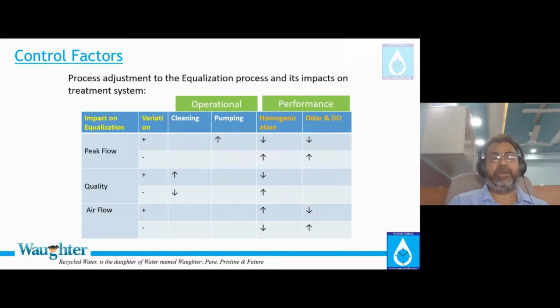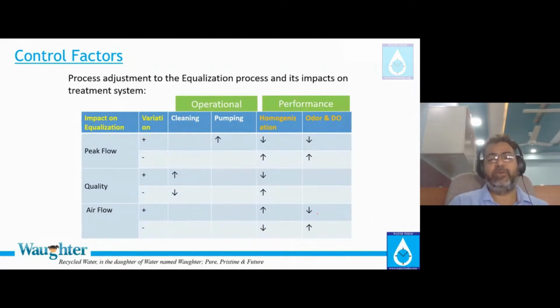And what is the control factor for this section? Operation-wise, there is only one thing called pumping. Because on peak flow, the pumping demand should go up. If there is quality variation, the cleaning has to be up and down. Quality means whatever is coming is fine, but if there is any bad material like oil and grease coming to the equalization tank, airflow has no operational significance but a performance significance.